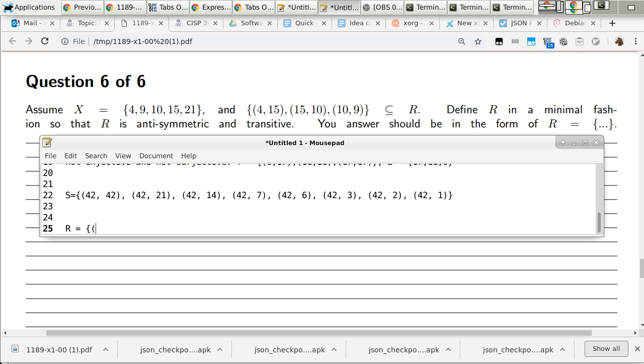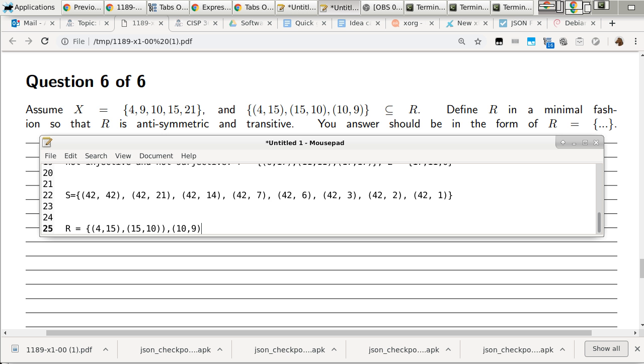So we know that certain things have to be there. (4, 15), (15, 10), and (10, 9) have to be in R because we know that forms a subset of R. But R can have additional elements. So now the question is, in order for R to be transitive, what additional elements do we need?